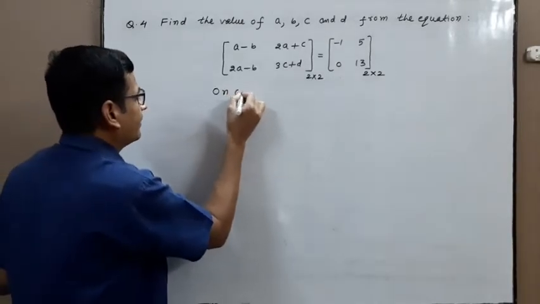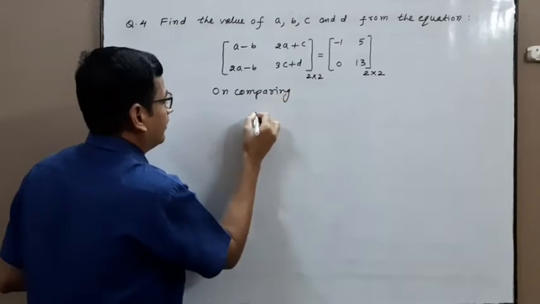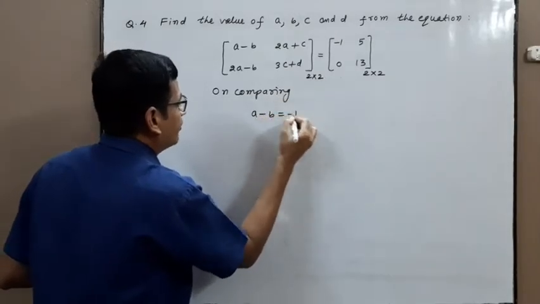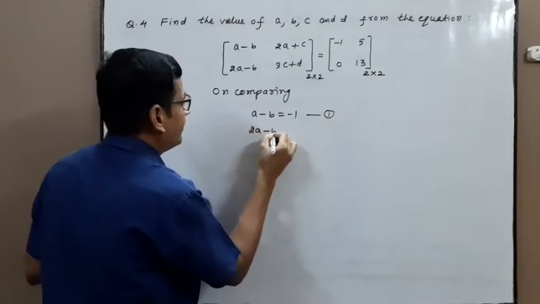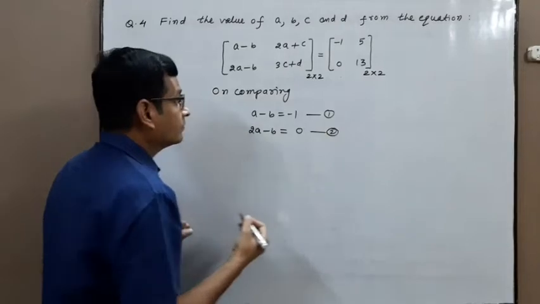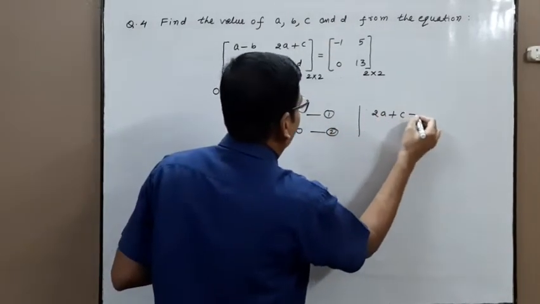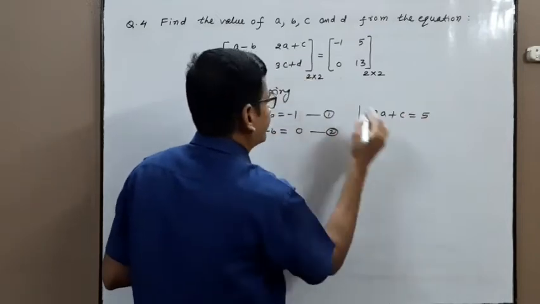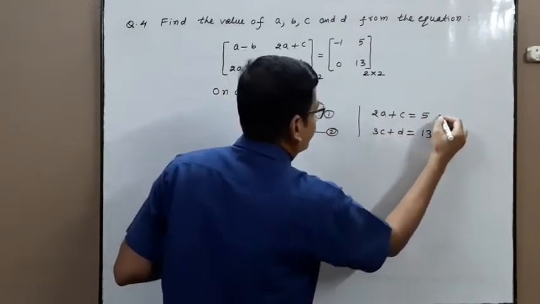So on comparing, A minus B equal to minus 1, 2A minus B equal to 0, 2A plus C equal to 5, 3C plus D is equal to 13.